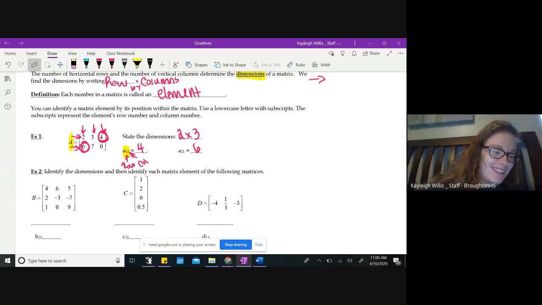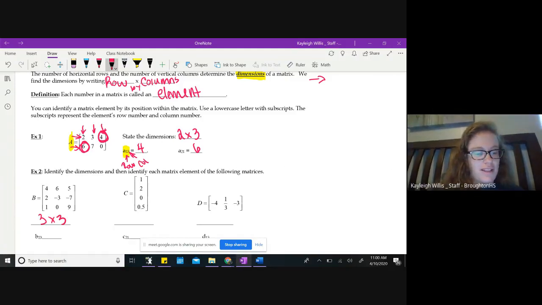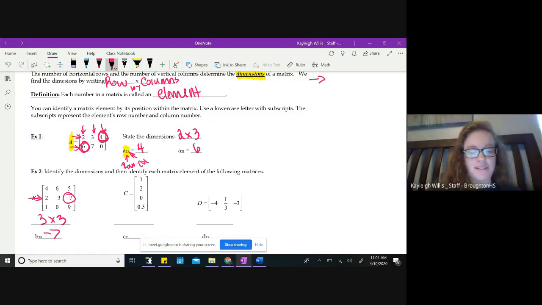This one, you should have gotten 3 by 3. Isn't that nice? They want us to go to row 2, column 3. Row 2 is right here, and column 3 would be a -7. That's my answer.